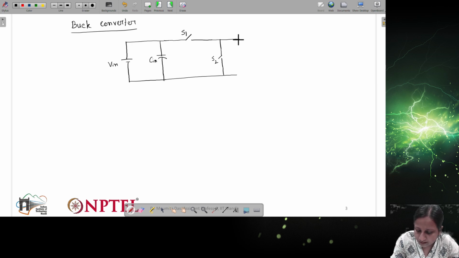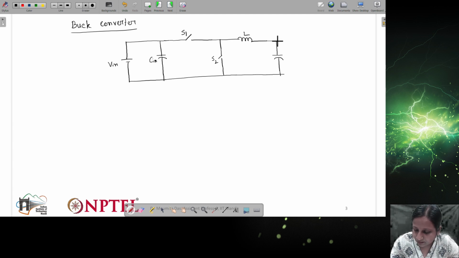Then there will be the inductor L and the output capacitor C0 of the buck converter, and this is connected to the output load. Let's say the load is this, any kind of load it can be, so just representing it like this. This is C out, right?